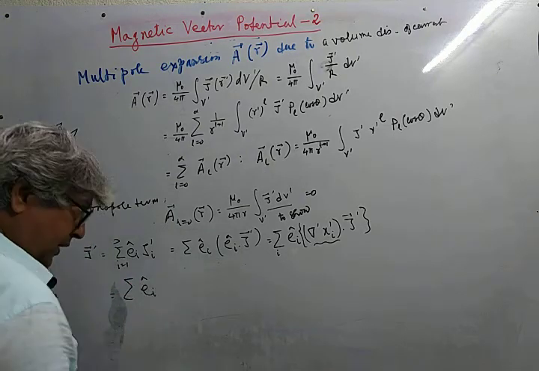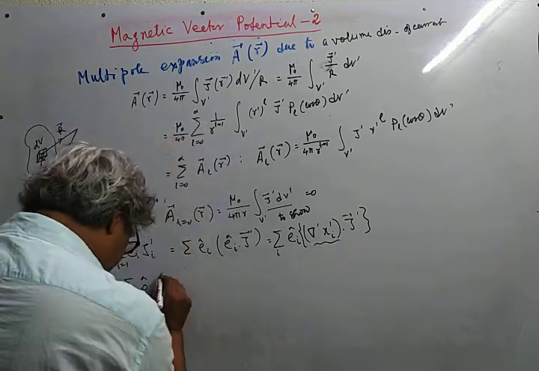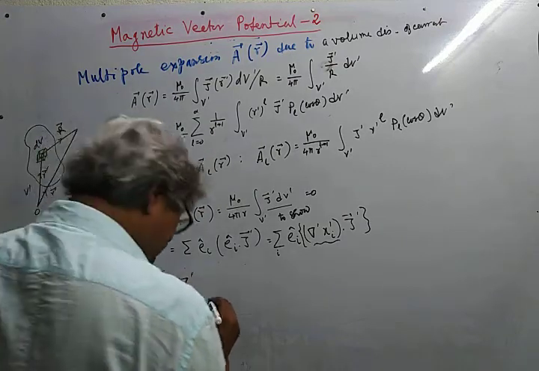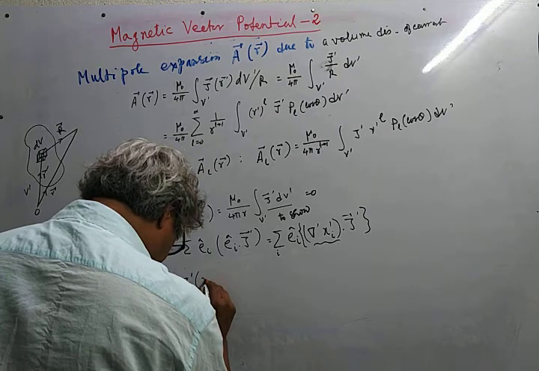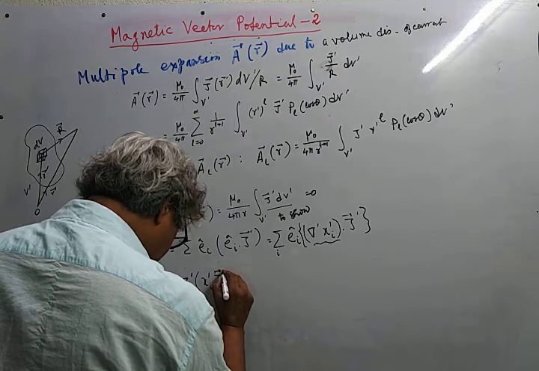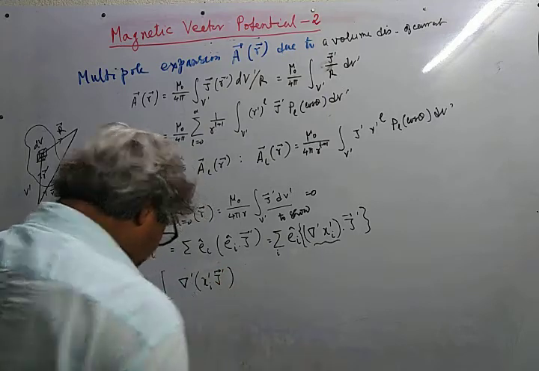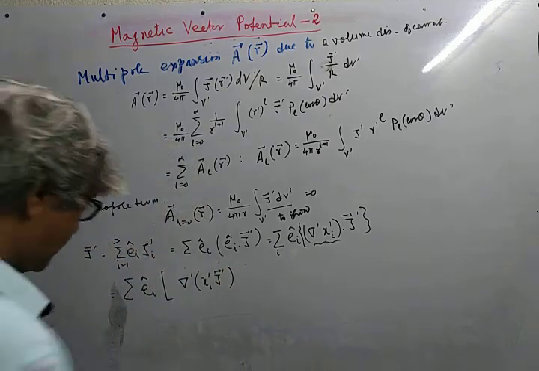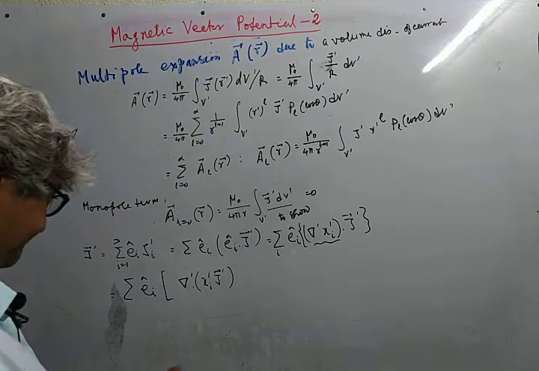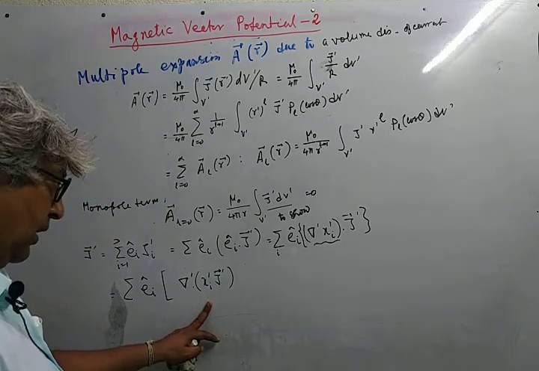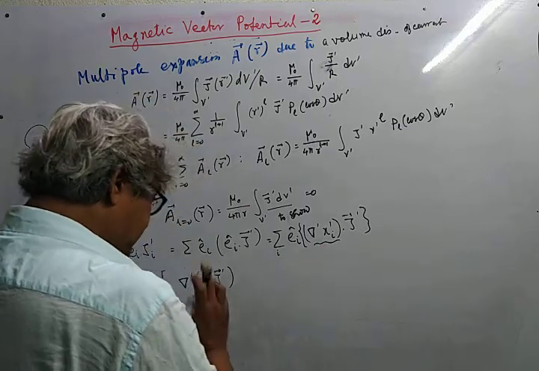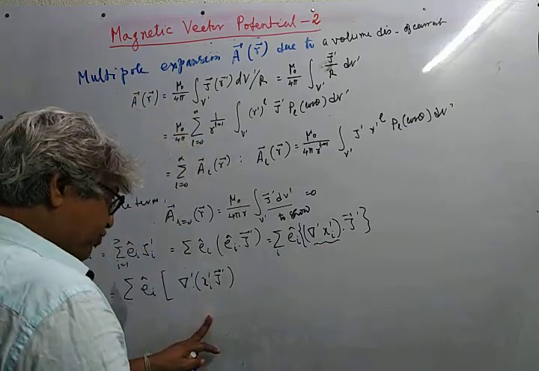EI cap is there. This part we write it as, it will have two terms. One is the divergence. It will have one term, that is this, and the extra term that has been added has to be subtracted.